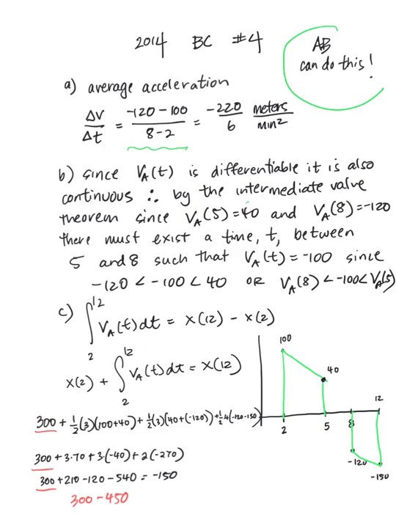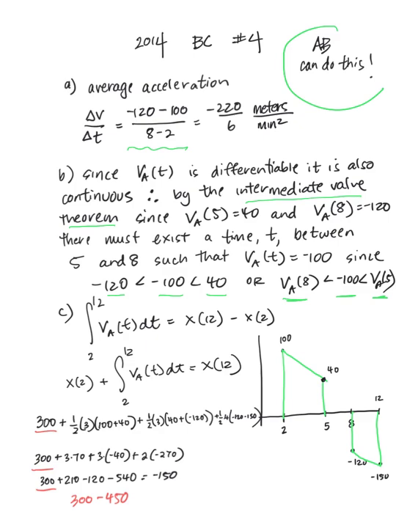And therefore, by the intermediate value theorem, since we know the velocity of A at 5 is 40 and the velocity of A at 8 is -120, then there must exist at least one time t between 5 and 8 such that the velocity of A of t is equal to -100. You also know that because -120 is less than -100, which is less than 40, or you can say v of 8 is less than -100, which is less than v of 5.